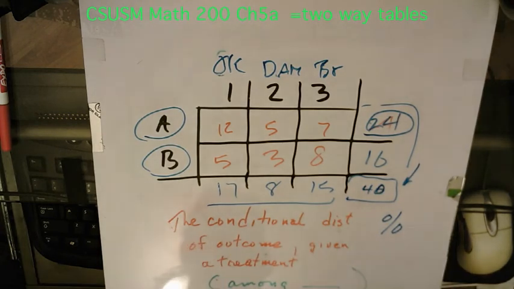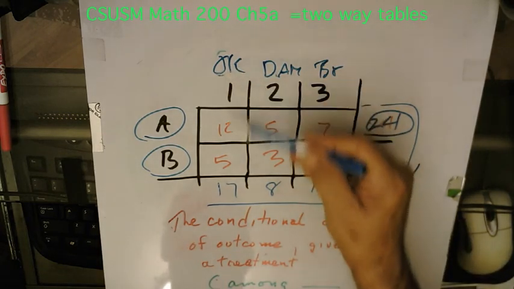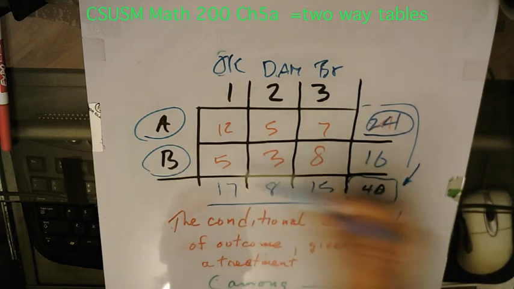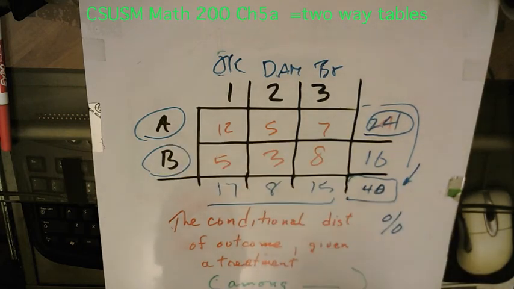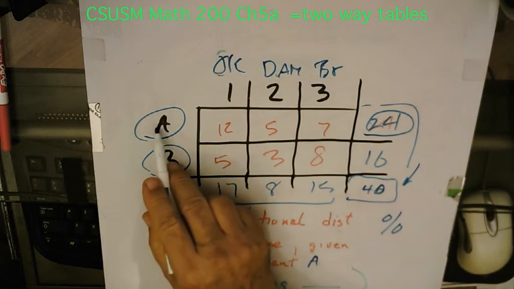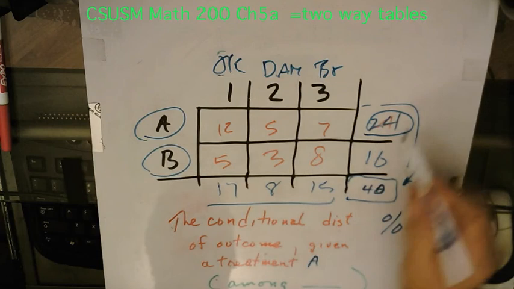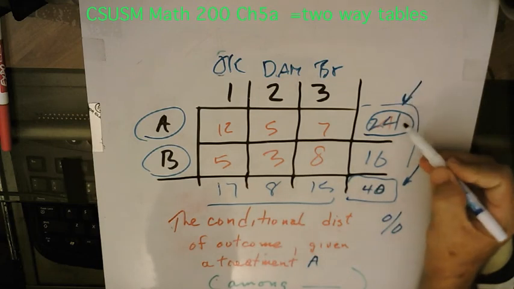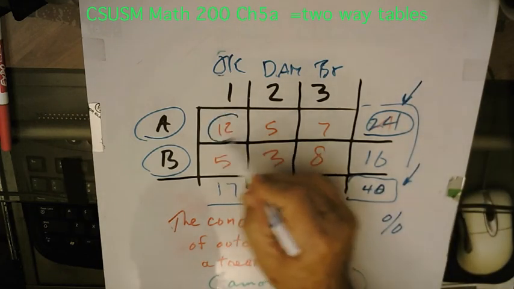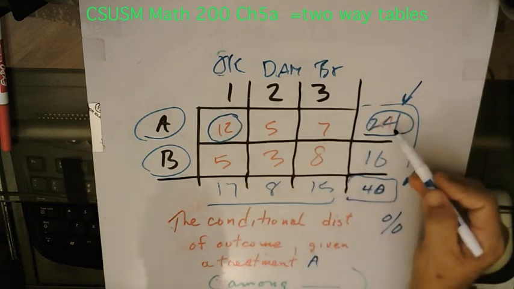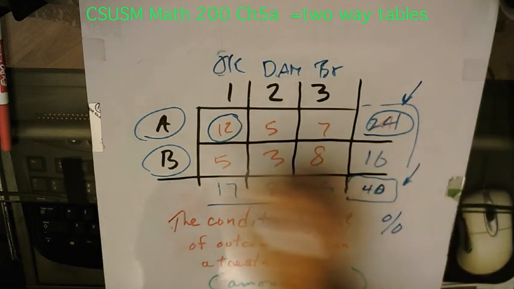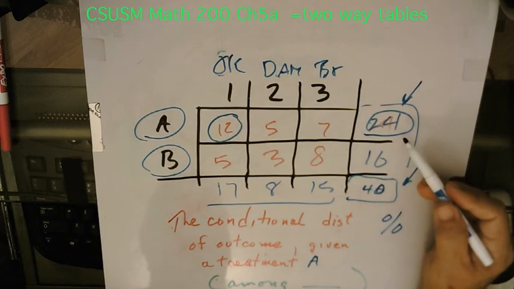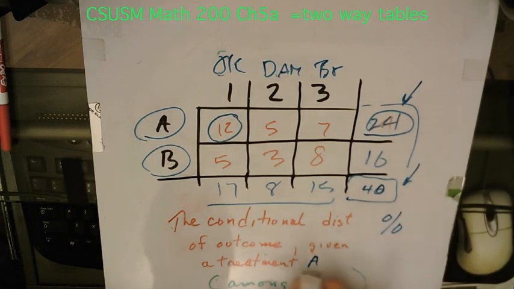So we're going to look at the data here, given that I used packaging A. And so my given treatment, I then look at the given part here, given treatment A, we'll say. So I'll take treatment A, that's where I start, and I look at this row. I'm going to use this as my total, and I'm going to compare the number of outcomes that were okay to the total of 24 in the packaging style A, or treatment A, however you want to call that.